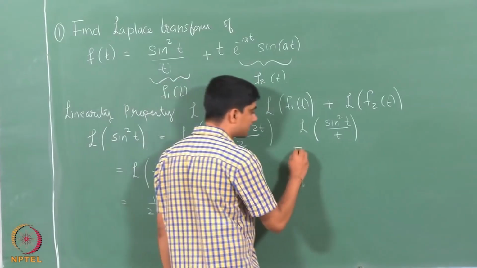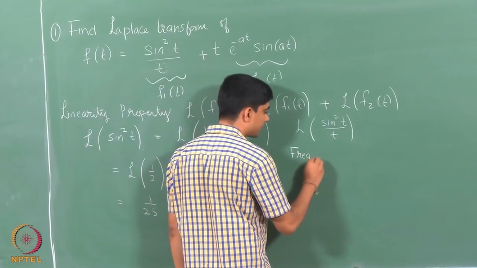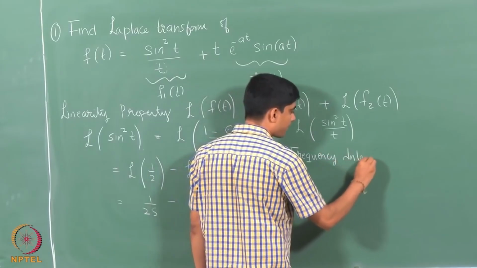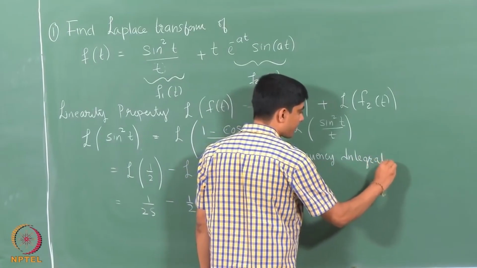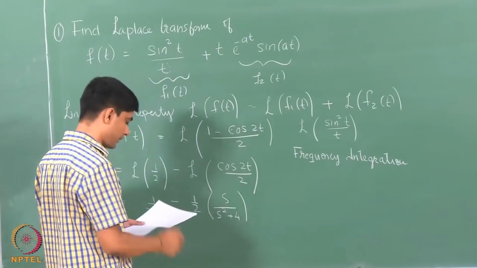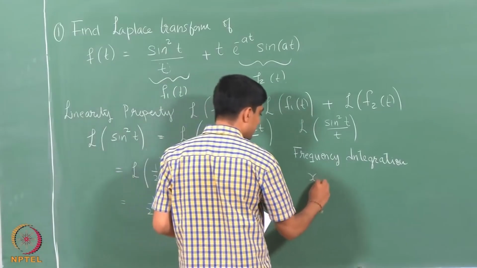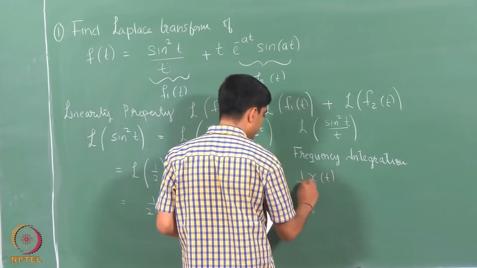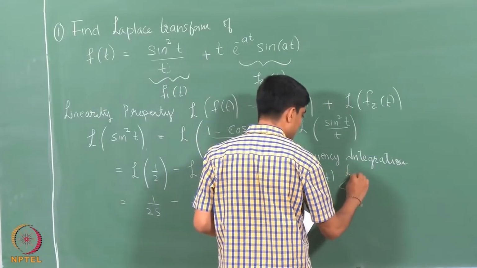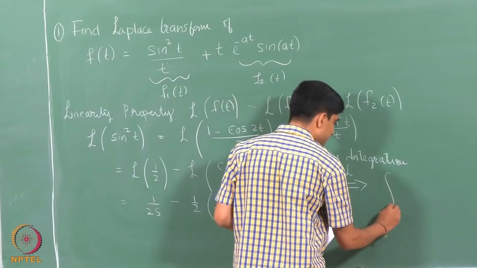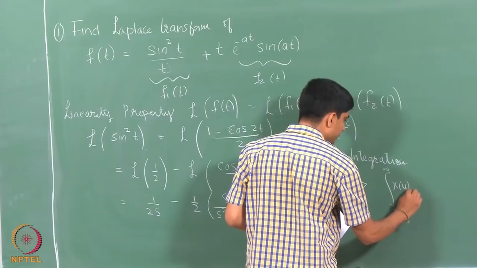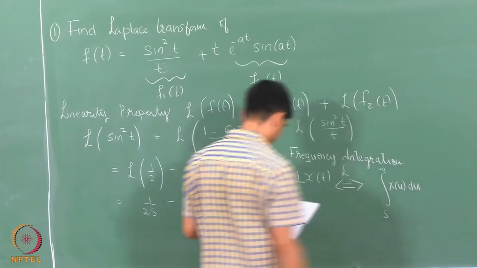So, just recollect the frequency integration property. What does the frequency integration property tell me is that if I have a signal in time domain x of t over t, then its Laplace transform would look something like this, integral from s to infinity of x of u du.